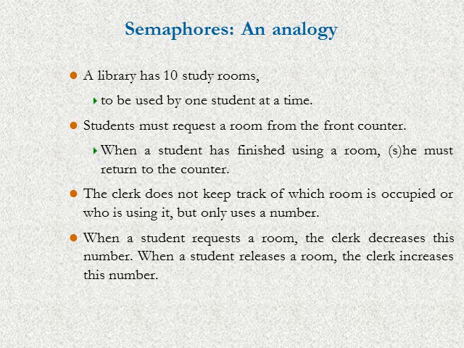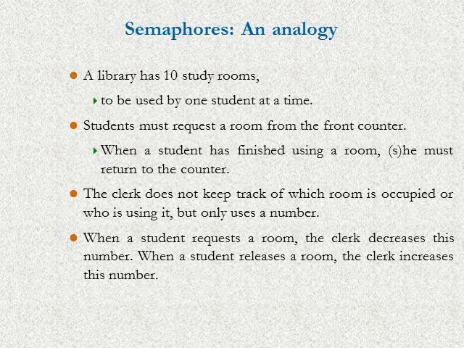The front desk officer is probably not using any sophisticated mechanism for handling rooms by students, or they do not know which room is occupied or which student is using which room, but they only keep track of the available rooms with a counter, with a number.